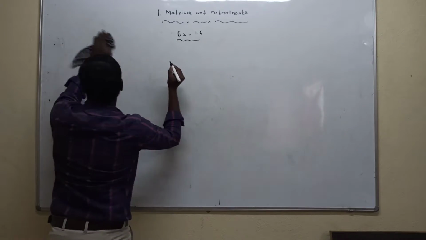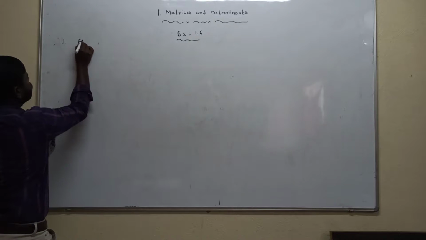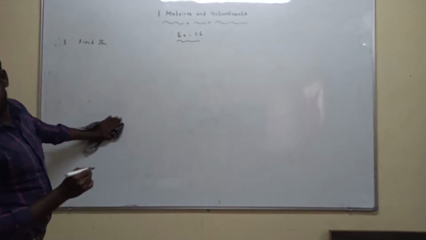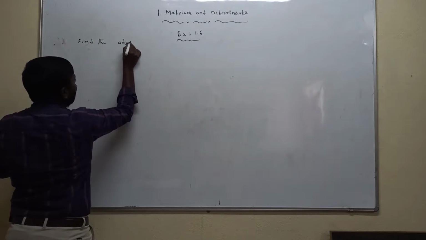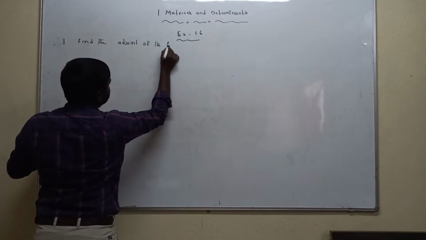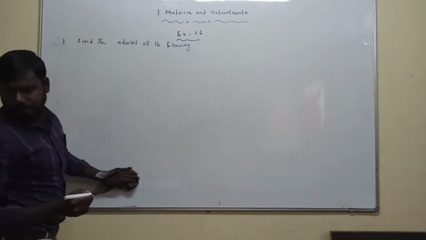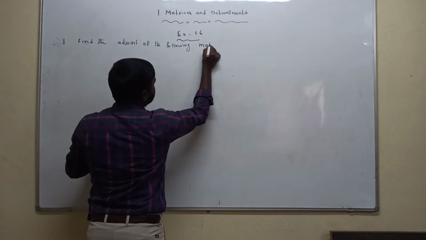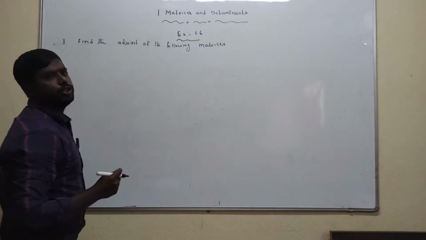See the first question: find the adjoint of the following matrices. So here a matrix is given, and we need to calculate the adjoint matrix.